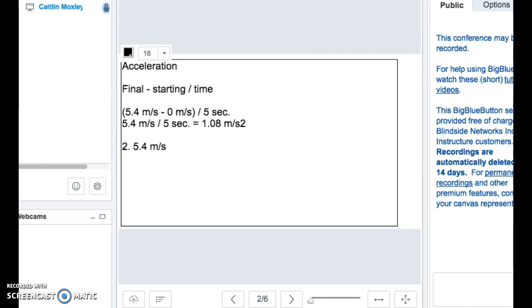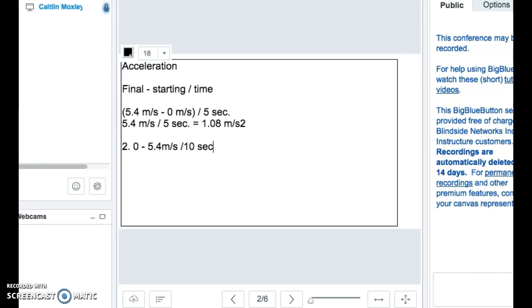I apologize, because 0 was our final speed, because we slowed down, so we've slowed down to 0. 0 minus 5.4 meters per second, because that was our starting, so final 0, starting 5.4. 0 minus 5.4, if you put that into your calculator, you'll notice that that gives you a negative number, okay?